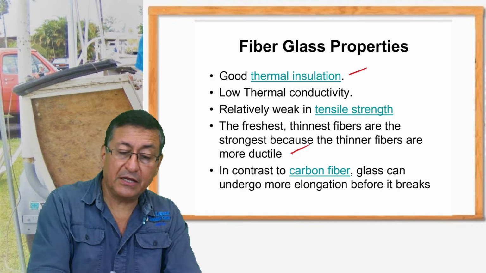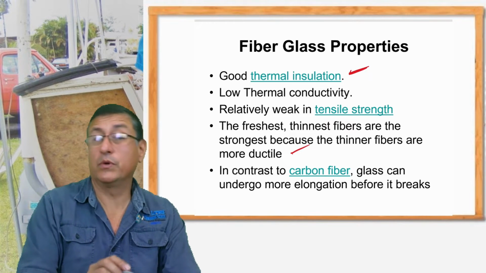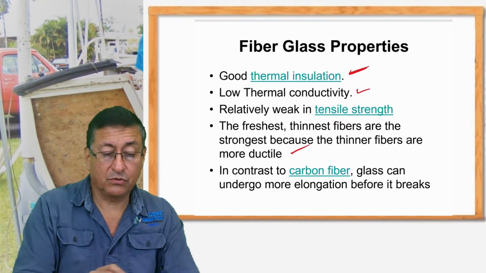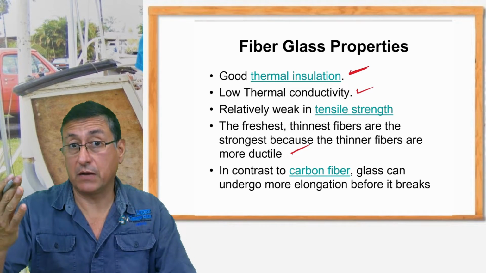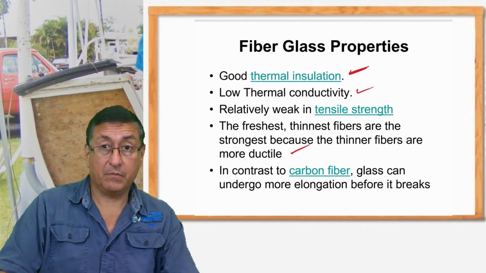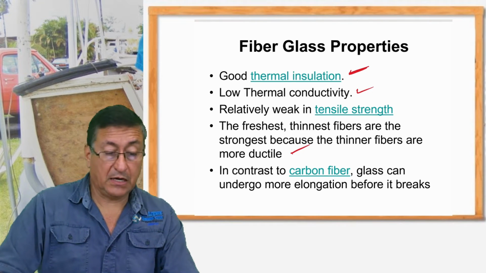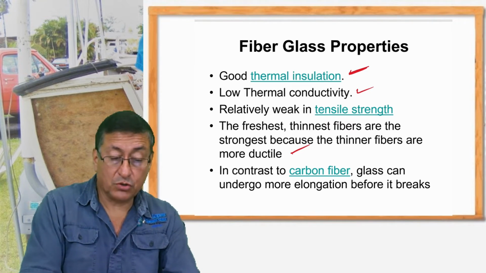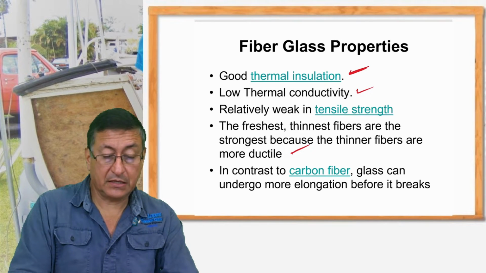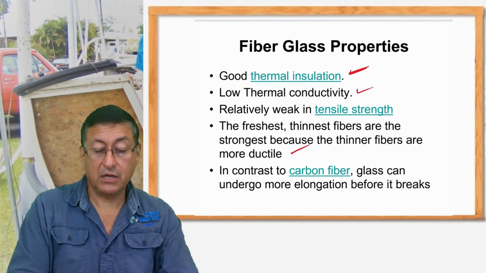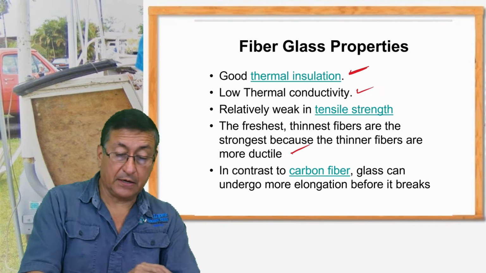It's a good thermal insulator because it has a low thermal conductivity. It's weak in tensile strength in comparison with carbon fiber, but it's enough. And it's more ductile. In comparison with carbon fiber, glass has more elongation before it breaks.